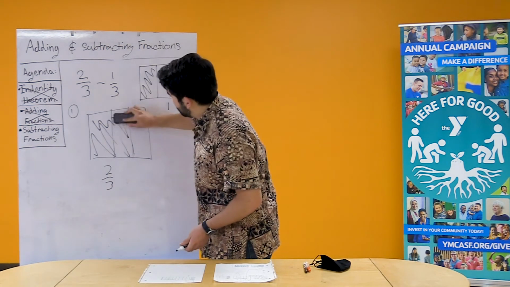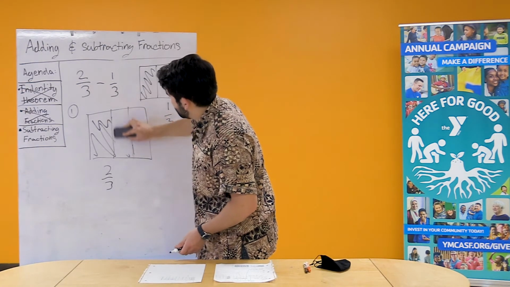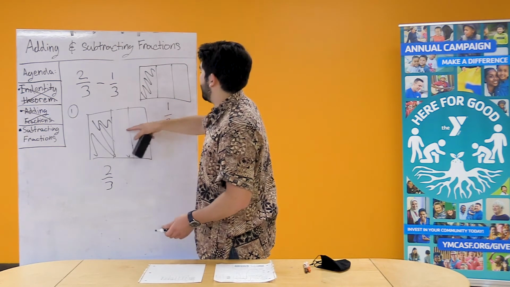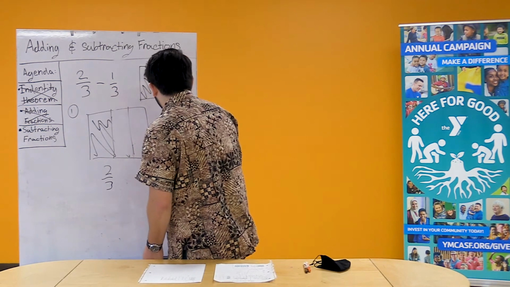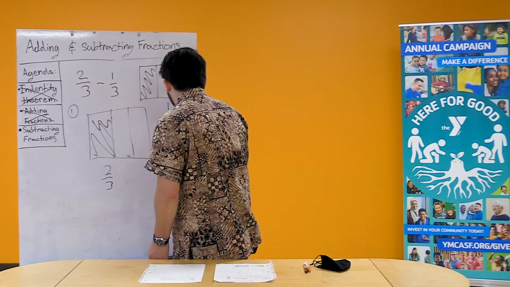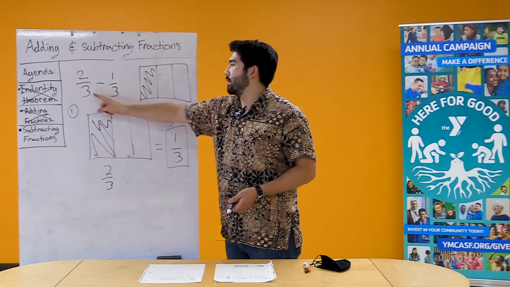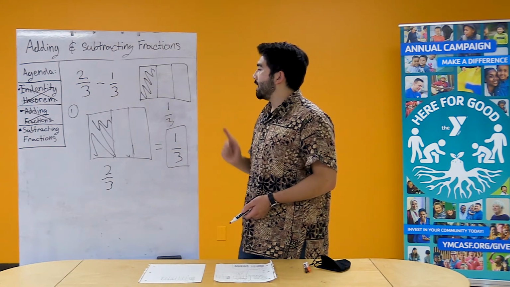Simple as going like that. Okay, so we took this away from here, and that leaves us with 1/3. There we go. Okay, so 2/3 minus 1/3 is going to equal 1/3. So that's what you do for diagram.